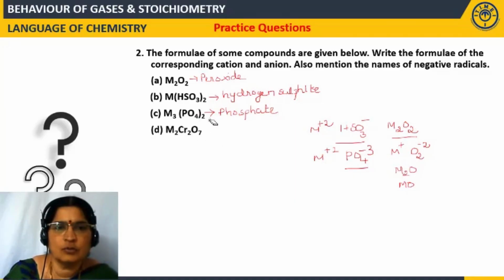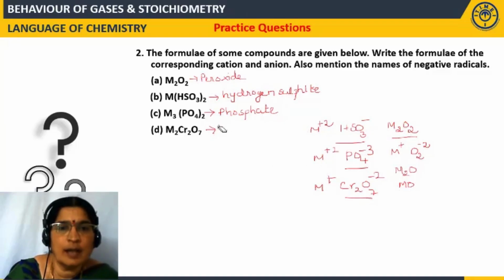M2Cr2O7. This 2 goes here. So, it should be 1. M plus, Cr2O7 minus 2. So, this is a single radical. Because here there is no bracket and there is no subscript, you have to consider this as one radical. Therefore, it will be Cr2O7 minus 2, dichromate.